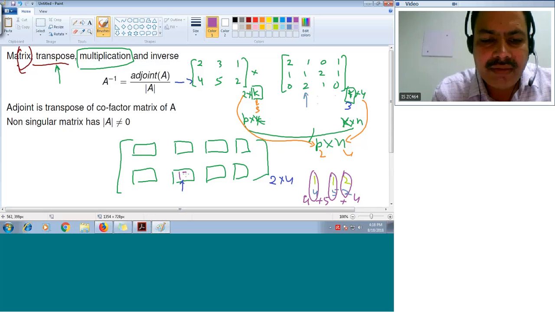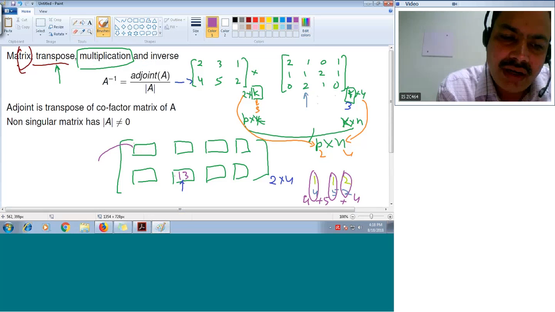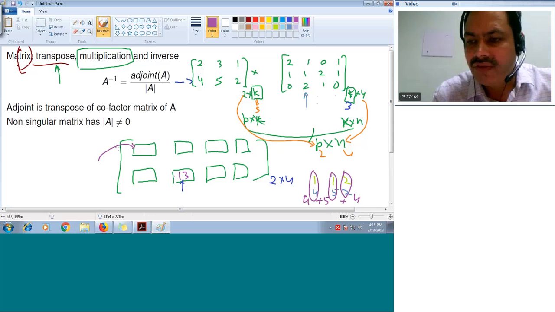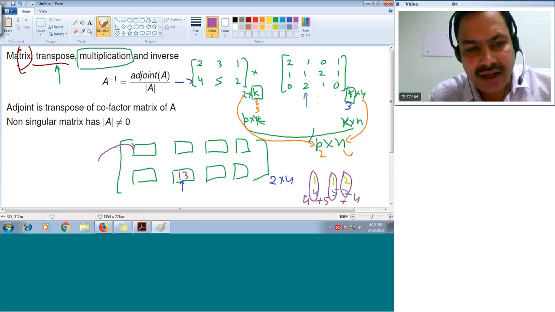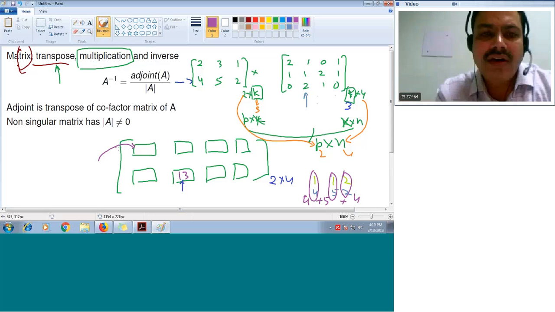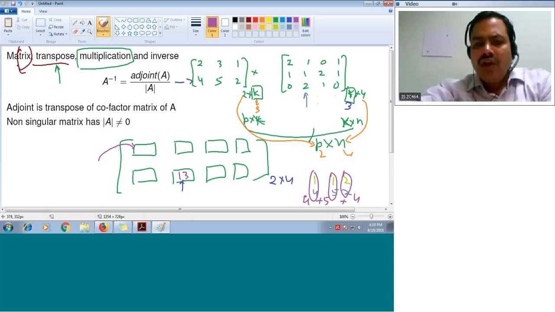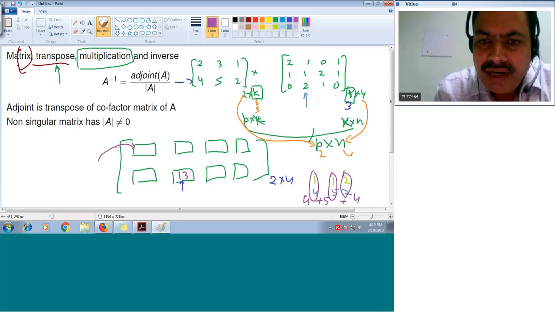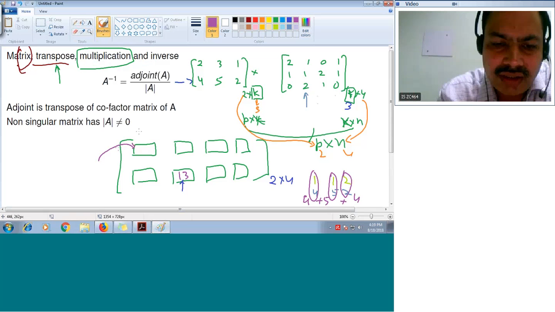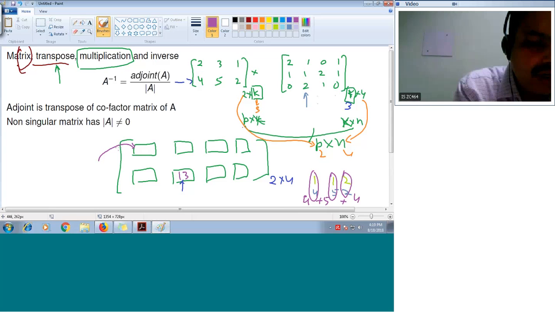Similarly, can anybody tell me what should be the value in this cell? If you have any problem, just let me know. I'm just putting these things so that we are on the same line. So what is the value over here? Since it is the first row, you take all these items 2 3 1 from this first row.